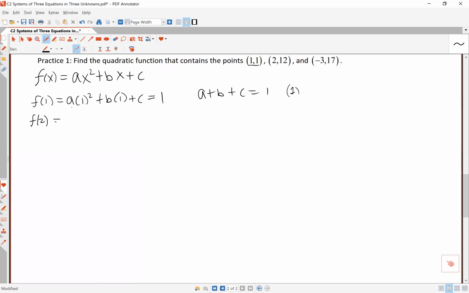The second one says f of 2 is 12, so we have a times 2 squared plus b times 2 plus c equals 12, or 4a plus 2b plus c equals 12. And that's equation 2.